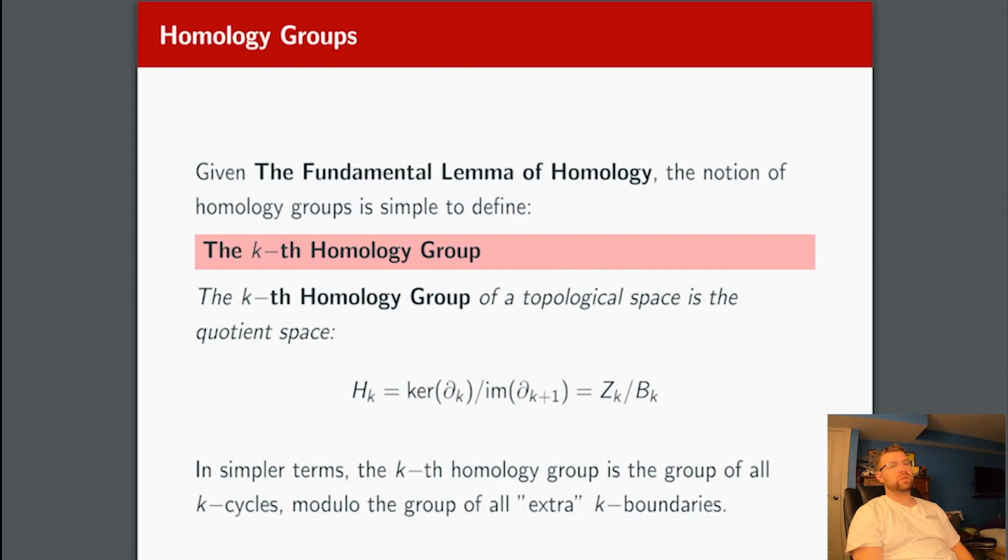If you're not super good with algebra, like I'm not, it's easier to just look at it as Z_k modulo B_k, or quotient out the B_k. What this means is the kth homology group is really just the group of all these k-cycles modulo the extra k-boundaries that might be floating off. So I take all these k-cycles, chop off any boundaries, and that makes this kth homology group.